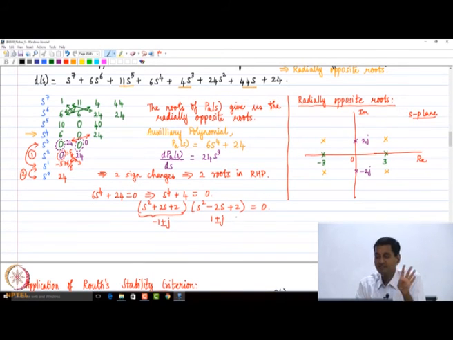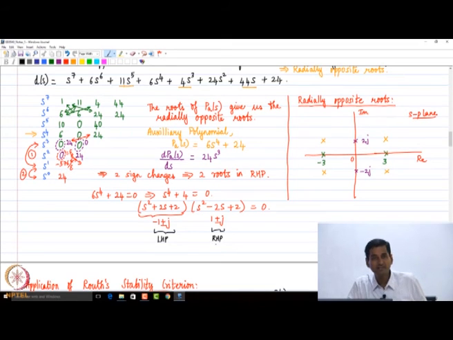Here we can see that the 4 radially opposite roots are going to be 1 plus or minus j and minus 1 plus or minus j. So this is in the LHP, this is in the RHP. Is it not?